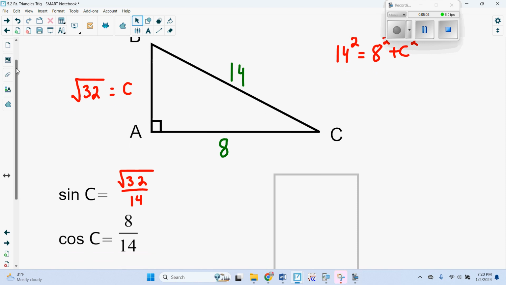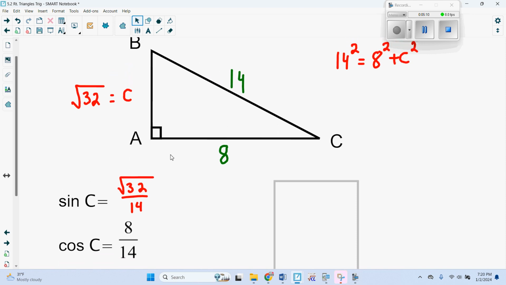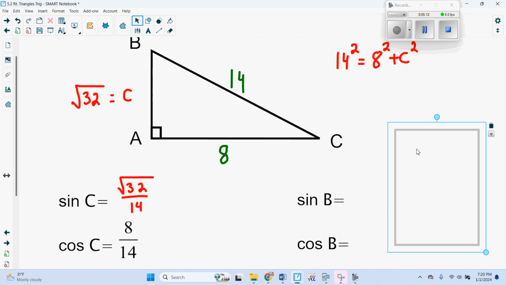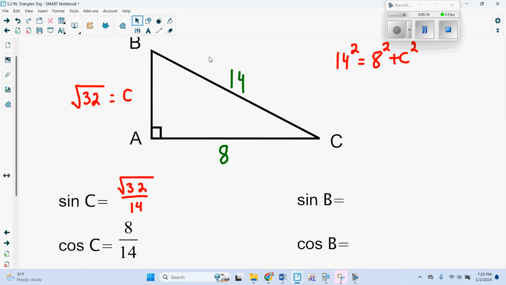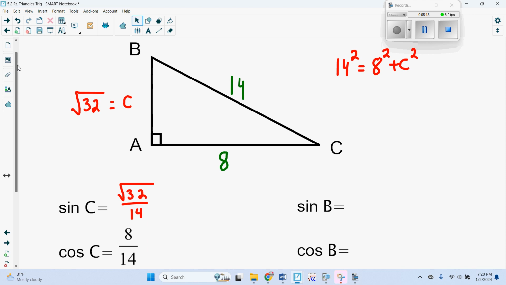Now, one of the things I want to think about here is to consider if we do the sine of B. So angle B is up here. So the sine of B, opposite over hypotenuse, is 8 over 14.